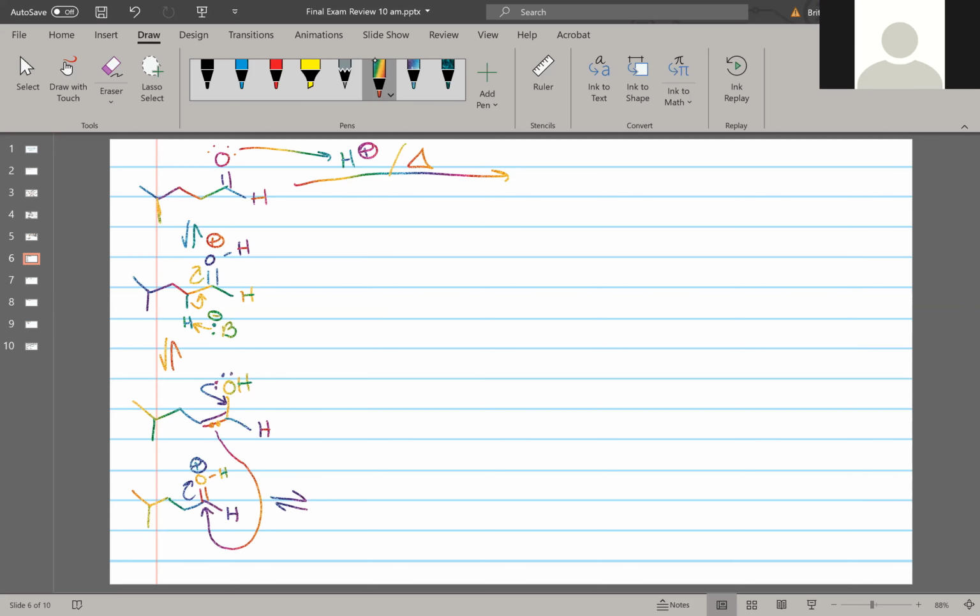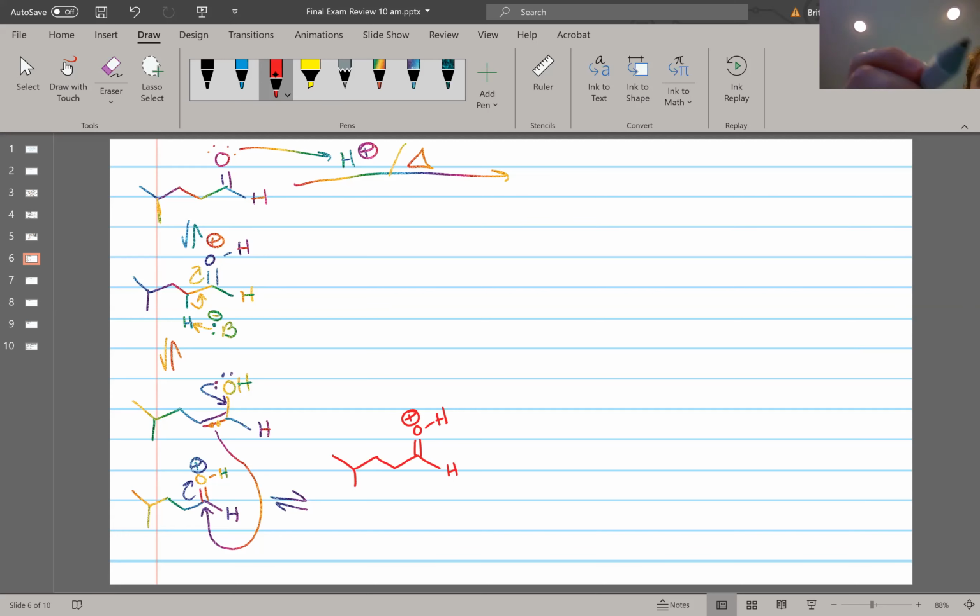Yes. So I'm going to use two different colors to keep our equivalents of aldehyde separate. So this is the aldehyde that did the attacking. This is the new bond that we just made. This would be the carbonyl carbon of the aldehyde that we attacked.